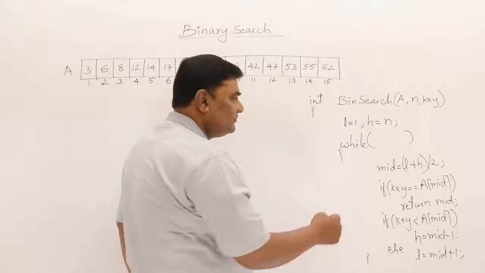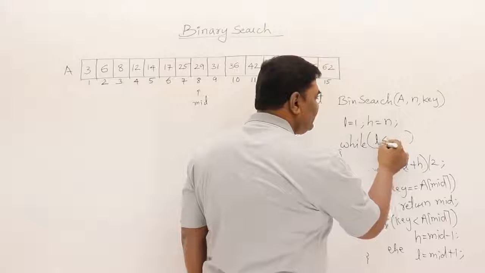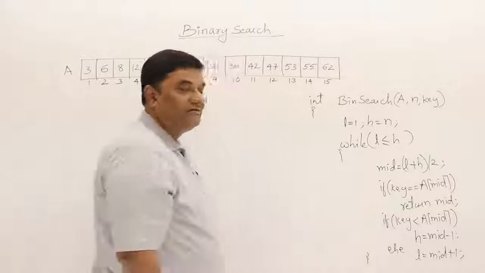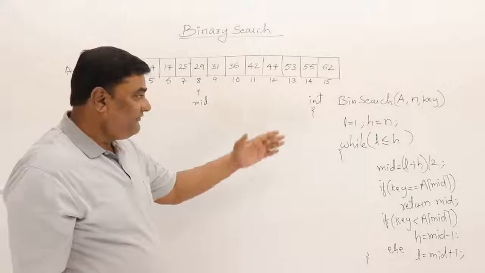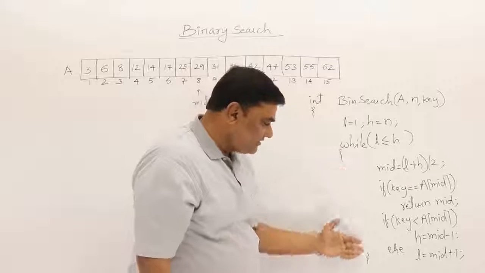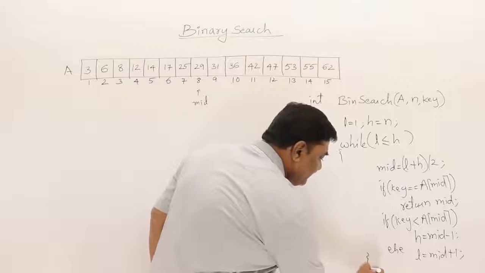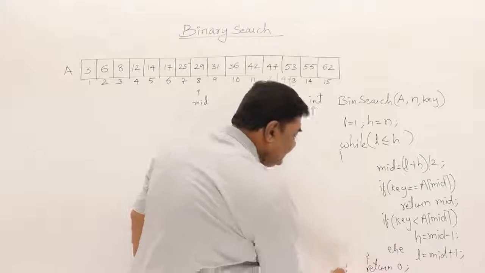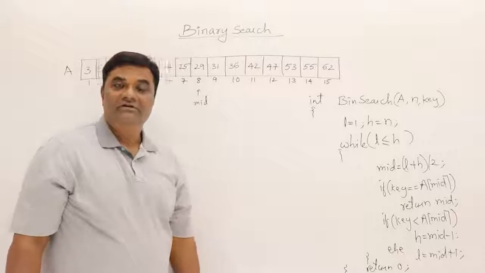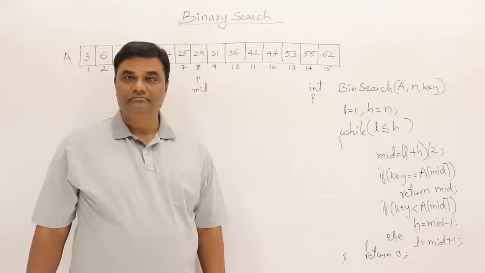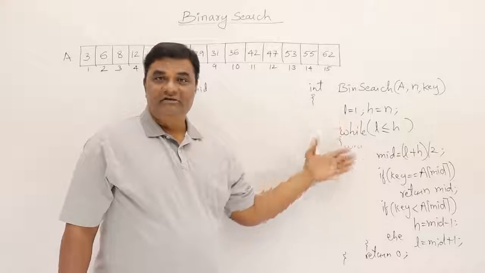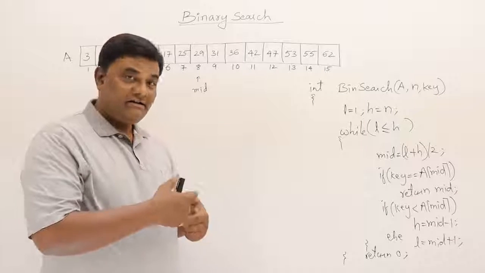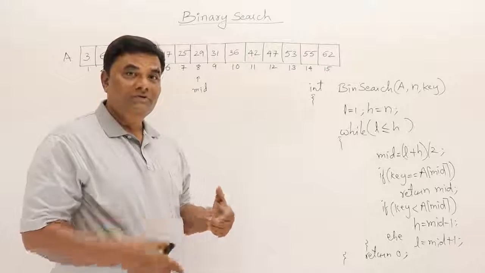So I should run this loop as long as low is less than or equal to high. If low becomes greater than high, it will stop and I should return not found. So I will return index 0, which means the element is not found. So this is the binary search algorithm, and this is an iterative process, using a loop.